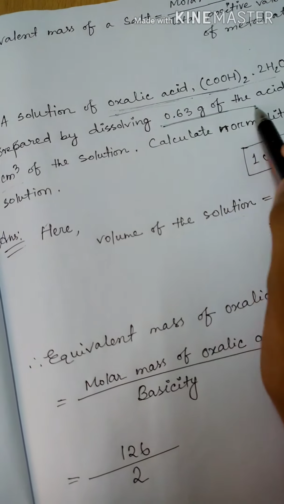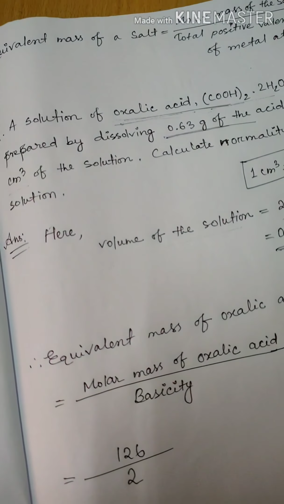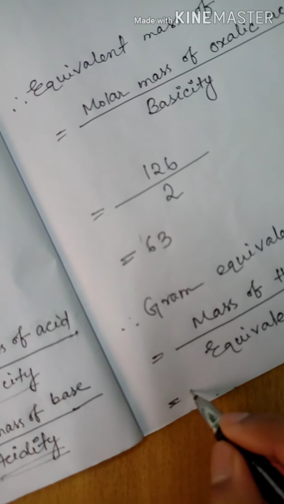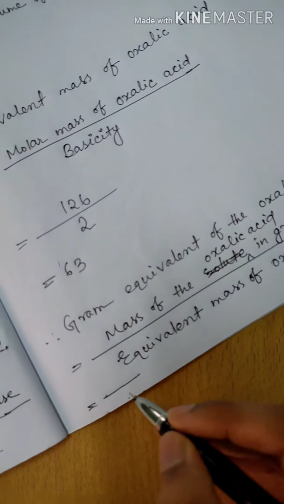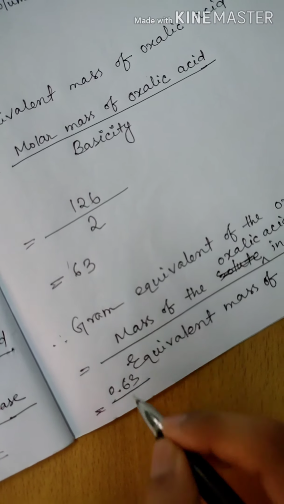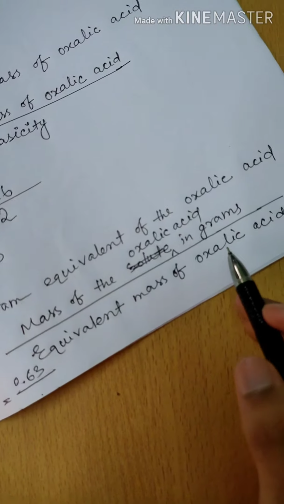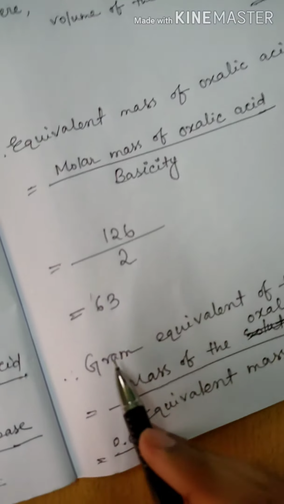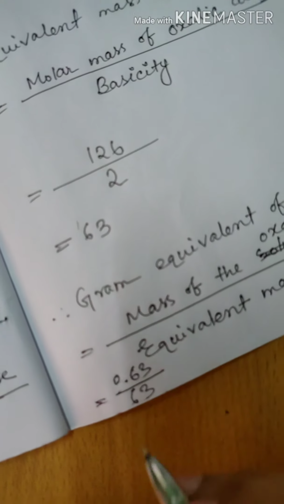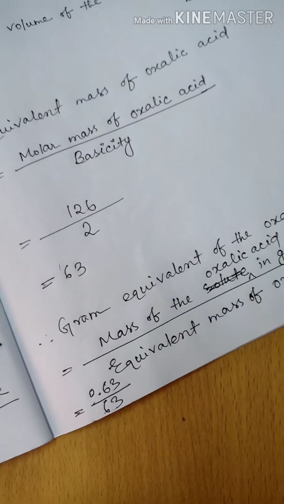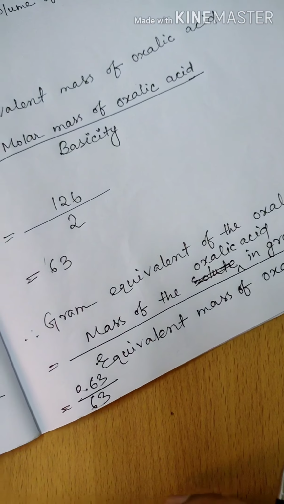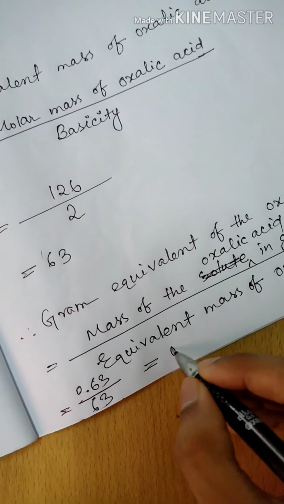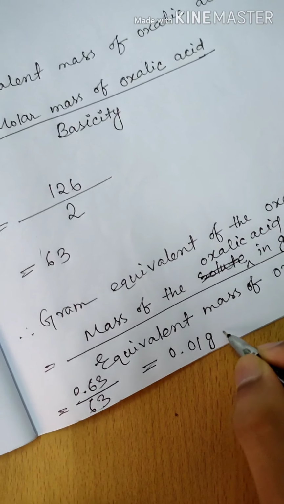This is the mass of the solute, that is, the mass of oxalic acid. So the mass of oxalic acid in grams is 0.63, and the equivalent mass of oxalic acid we have just calculated is 63, so divided by 63. This is the gram equivalent of oxalic acid. If we simplify this, our result will be 0.01 gram equivalent.